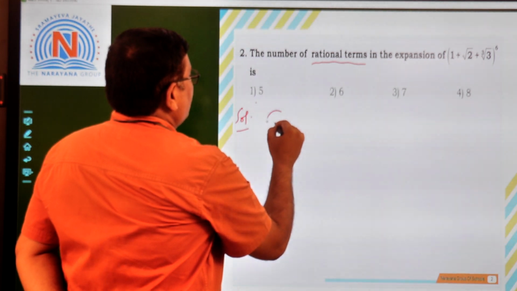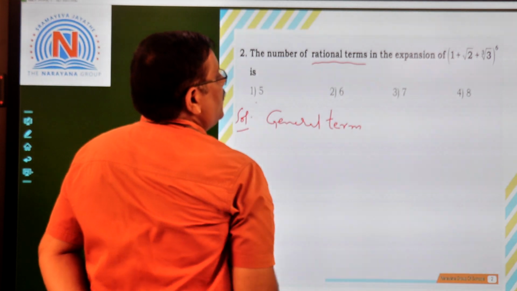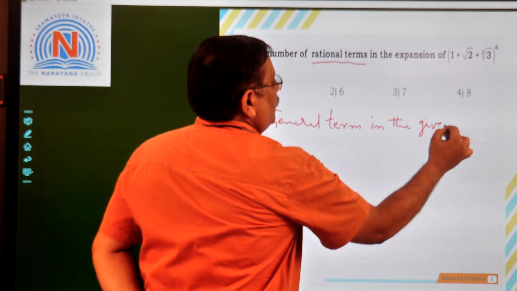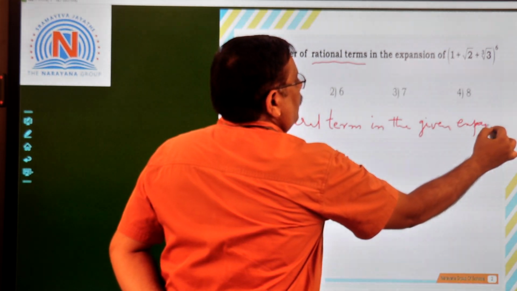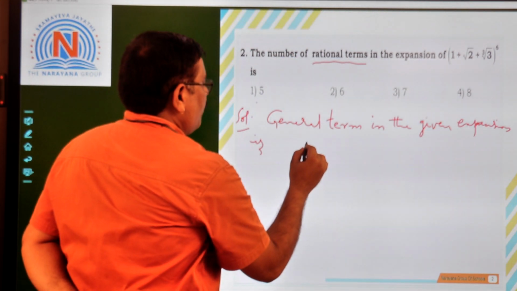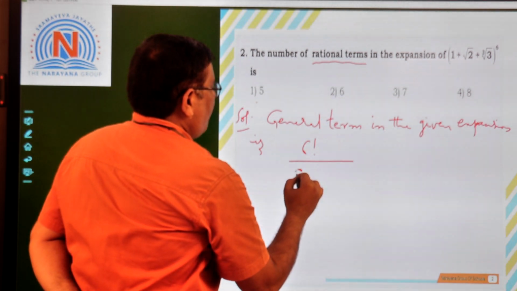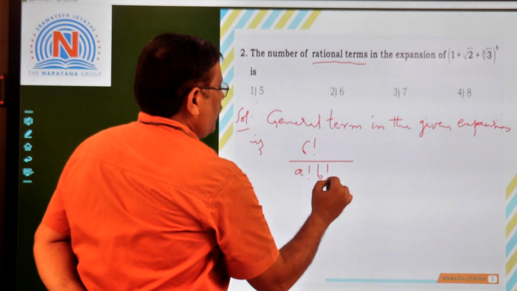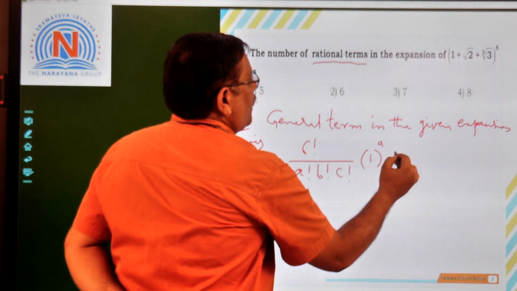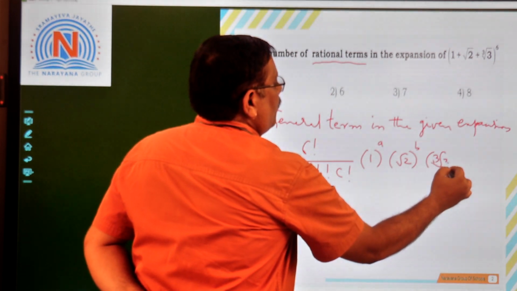Let us take the general term by using the multinomial theorem concept. The general term in the given expansion, based on the multinomial theorem, we can take it as 6 factorial by a factorial into b factorial into c factorial into 1 power a into root 2 power b into cube root 3 power c.